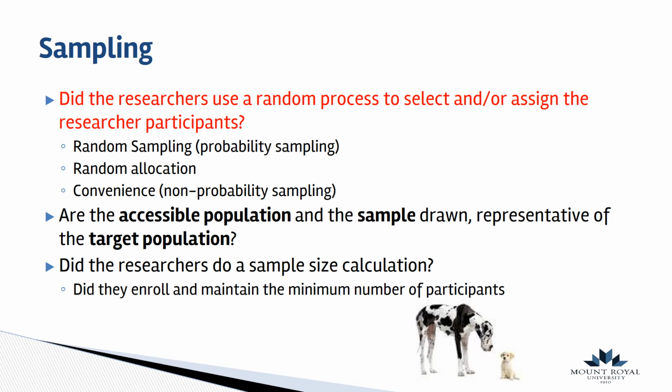So we have all different kinds of approaches to try and achieve that. The other thing we need to ask ourselves is, did the researchers consider sample size? Is it sufficient? And did they do a sample size calculation? Did they enroll and maintain a minimum number of participants? Or did they suffer from mortality and loss of sample size?